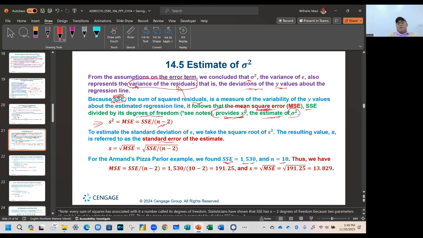So we can compute your mean square error by substituting your SSE, which is 1,530, over your degrees of freedom, which is 8, 10 minus 2. Then you take the square root of that, and you get your standard error here, no?